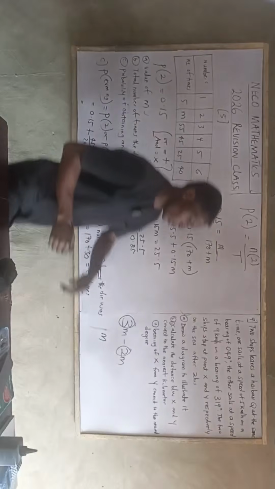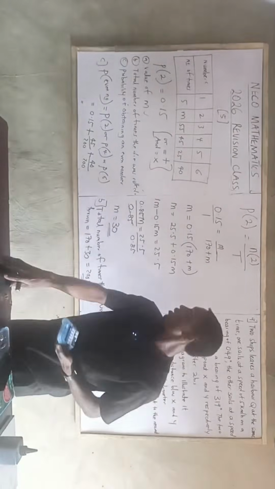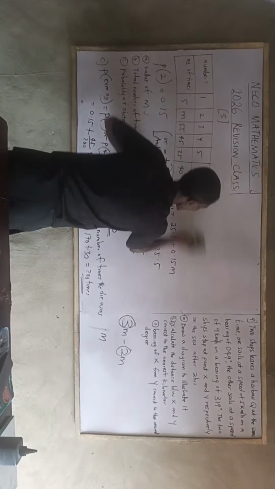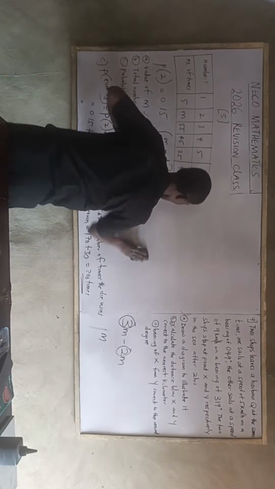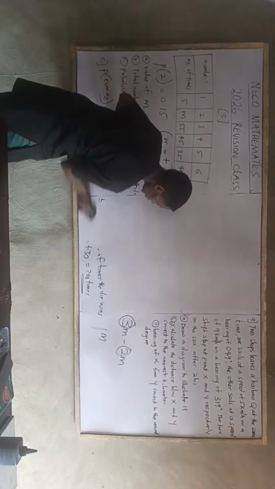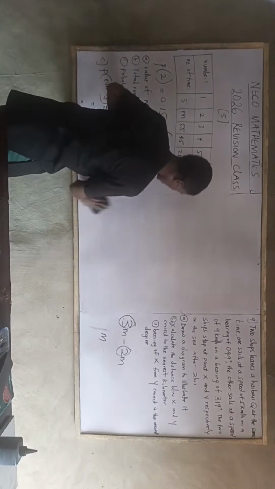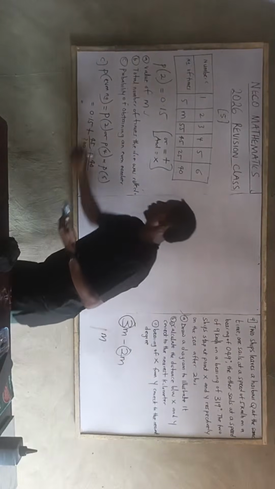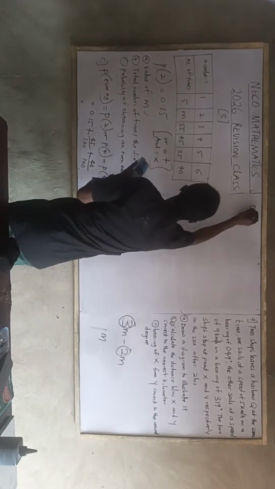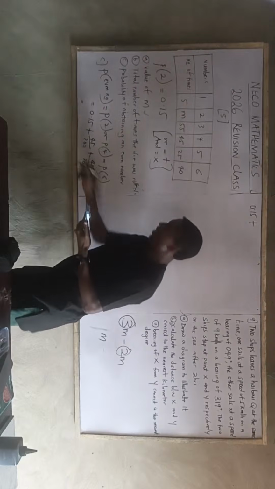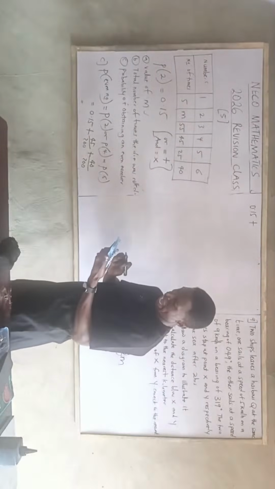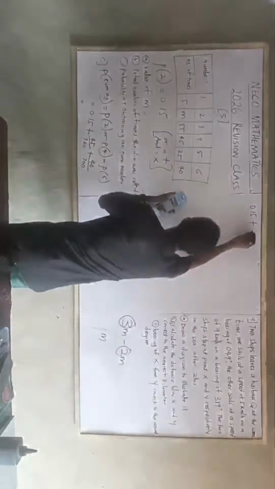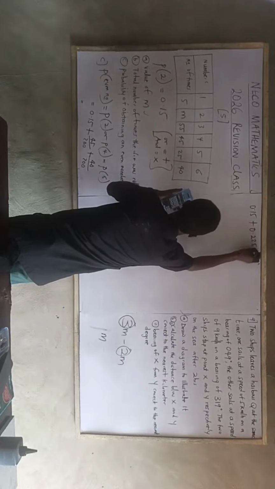Now let me work that out on the calculator. Here I have the very first one, 0.15. Let me divide this also: 45 divided by 200 is 0.225.